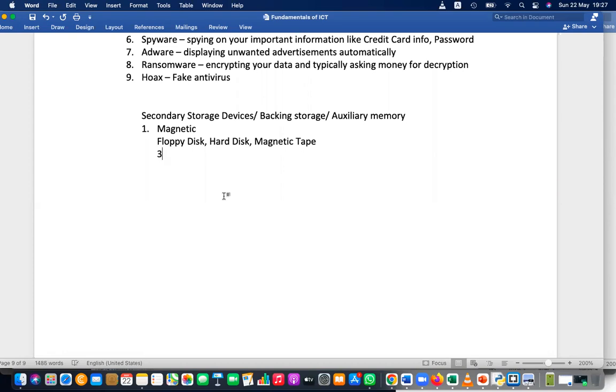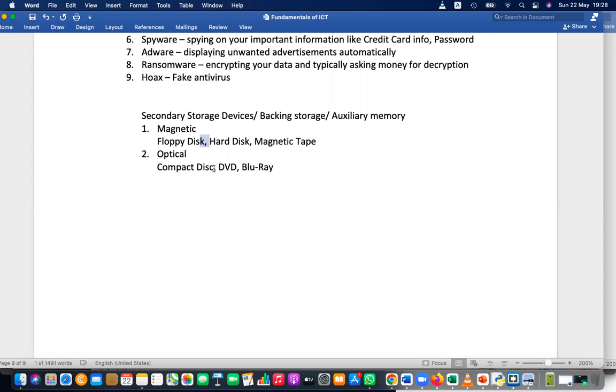The second category is optical. So what are the optical devices? CD, DVD, and Blu-ray. CD means compact disc, spelled with a C, while for magnetic we typically use K, disk.